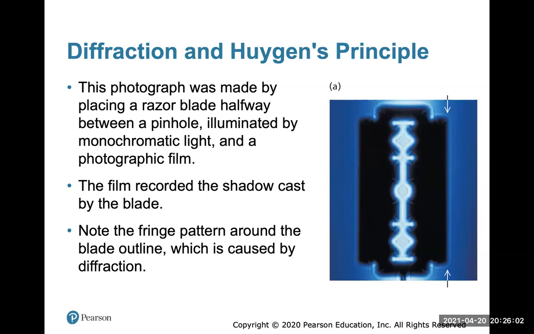Which means some of the emanations from that last point source really close to the razor blade will, by the time they propagate the distance to the screen, have radiated into the shadow region, which is a cool sounding phrase.